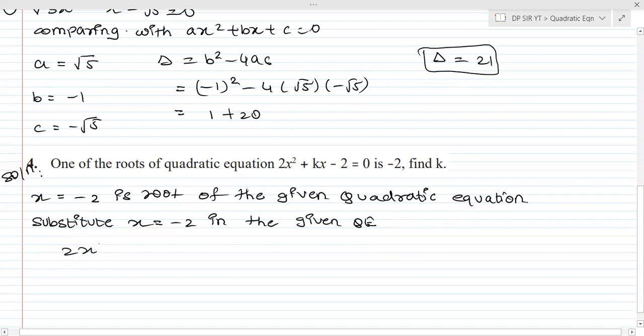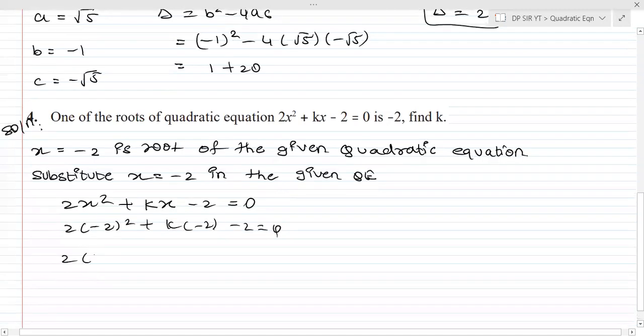What I'm going to get: 2x square plus kx minus 2 is equal to 0. So 2 into minus 2 square plus k into minus 2 is equal to 0.